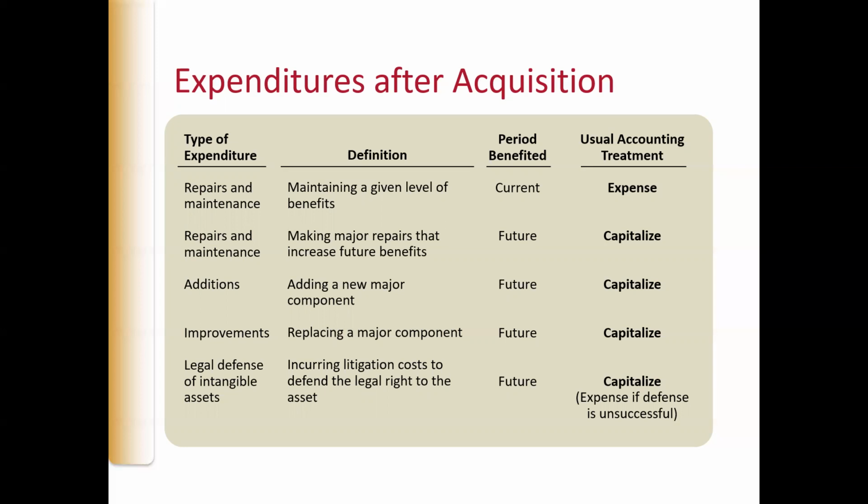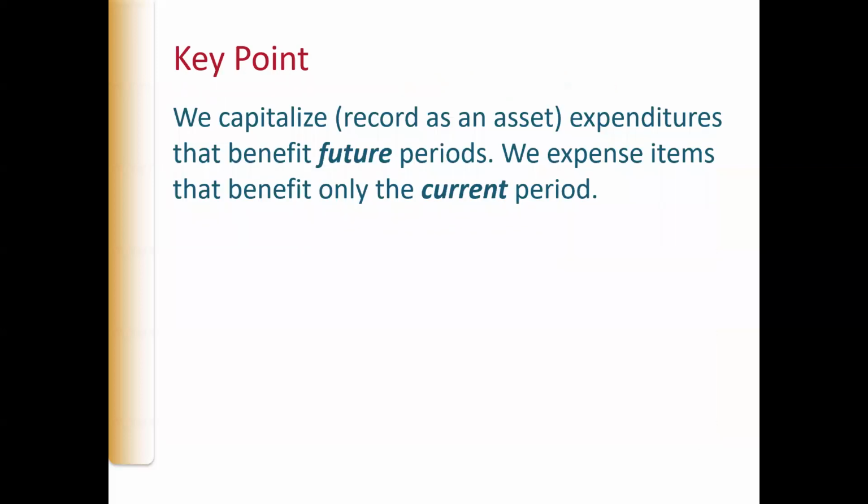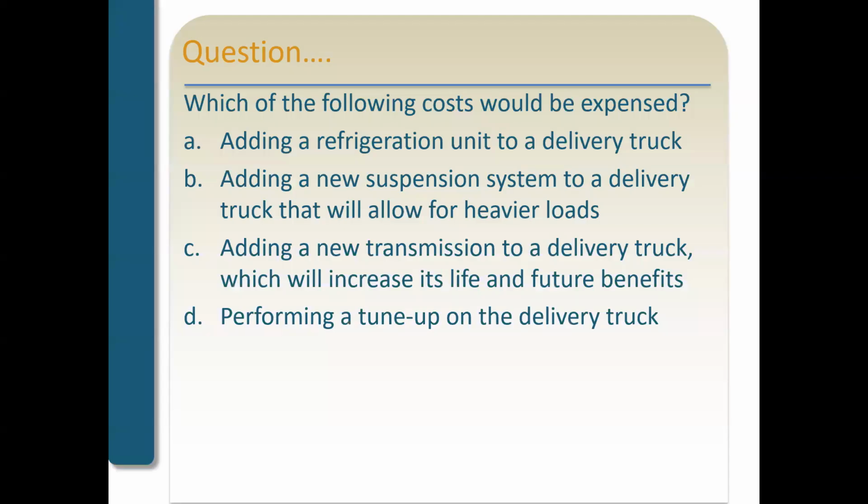But of course, it will be expensed if the defense is unsuccessful because there is no benefit in future periods. Remember, we capitalize, which means record as an asset, expenditures that benefit future periods, and we expense items that benefit only the current period.